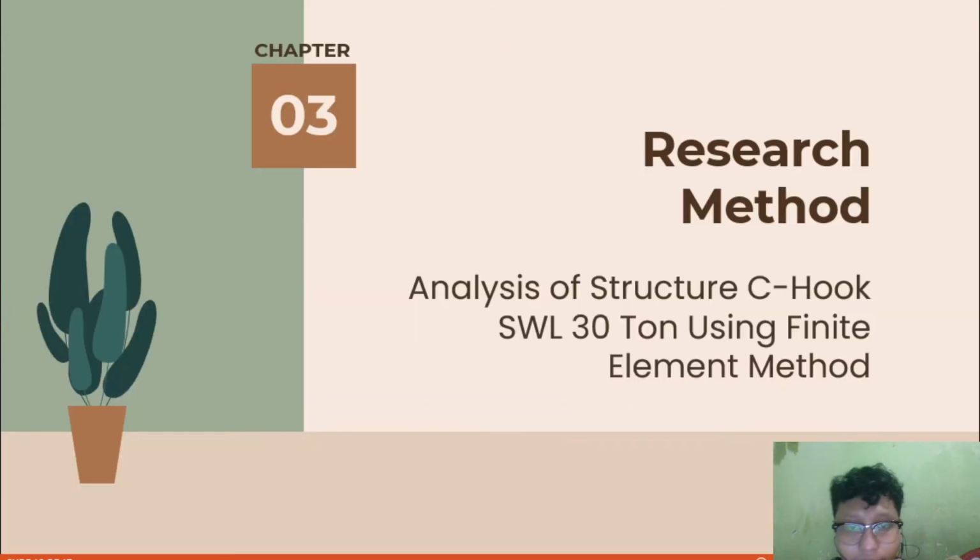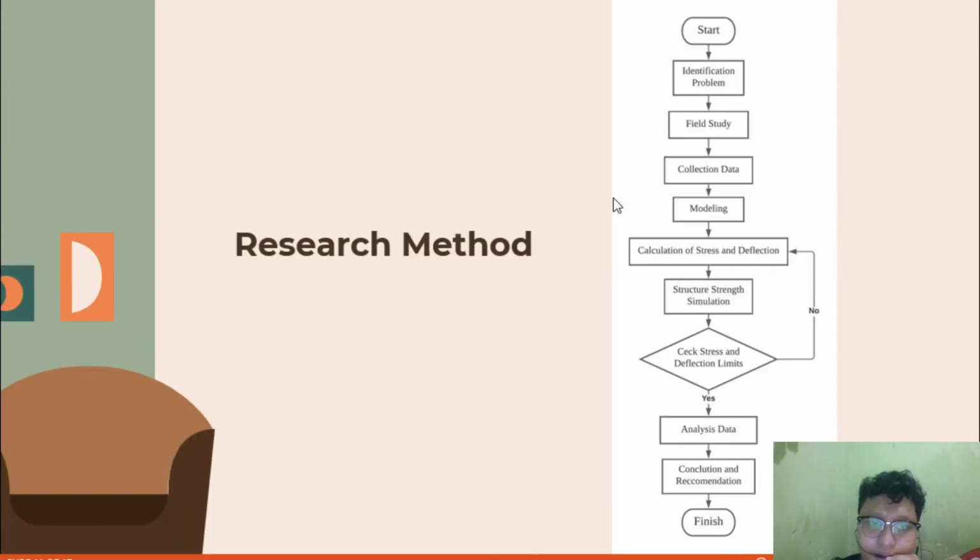The next is chapter 3, research method. The research flow will be like this, as shown on the slide. First thing to do to start the research is problem identification. Problem identification was already shown in chapter 1.